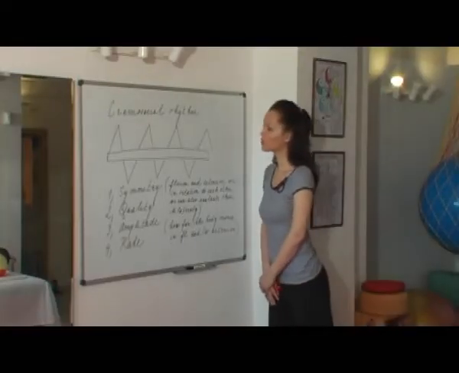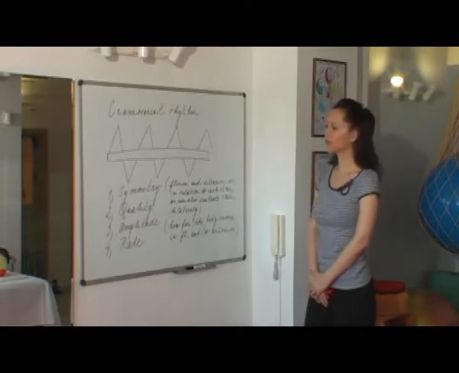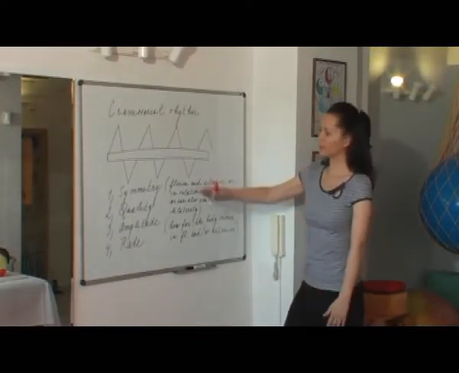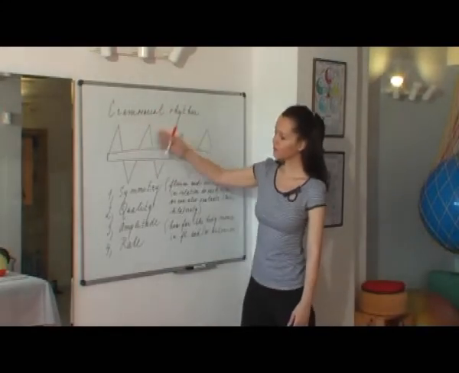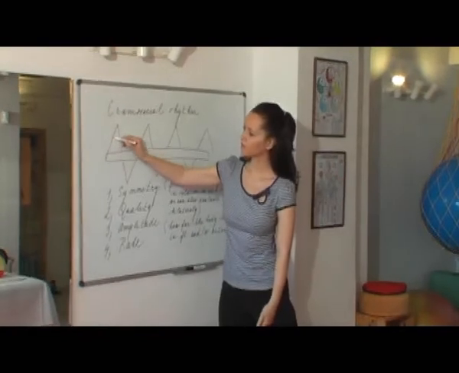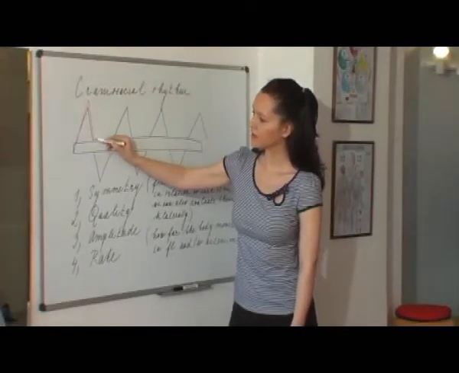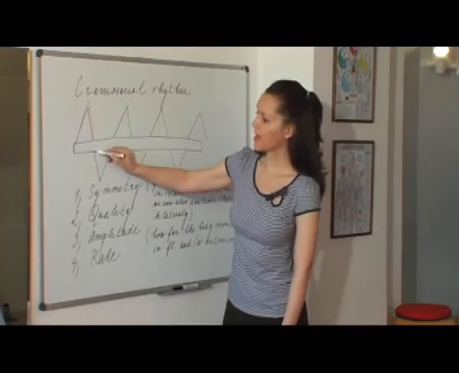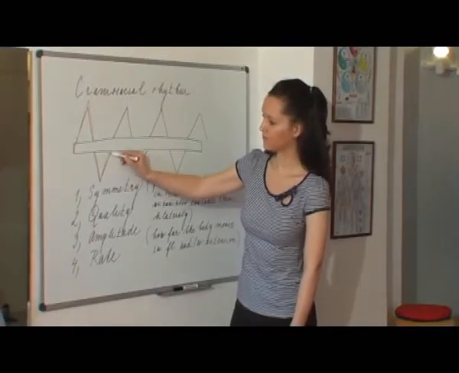Also, I would like to show you a theoretical model of craniosacral rhythm. You can see on this board this diagram, and this means flexion, neutral zone or a break or pause, and extension.